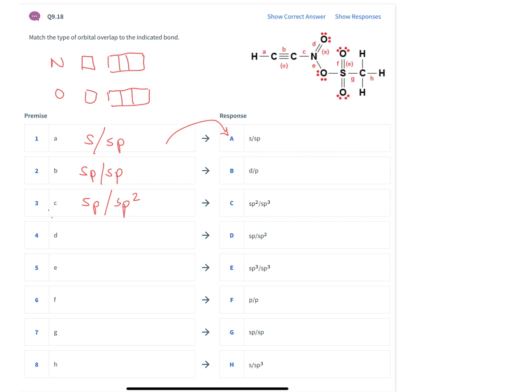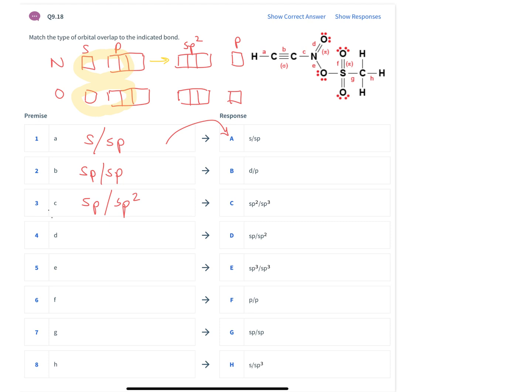And what that means is, of my s orbitals and my p orbitals, I'm going to take one s orbital and 2 of my p orbitals, blend those together, and then out of that, I'm going to get 3 orbitals that are sp2, and I have 1 orbital that's left over as an unhybridized p orbital.